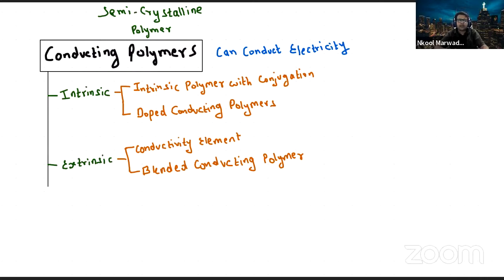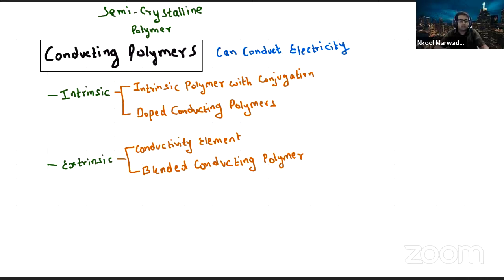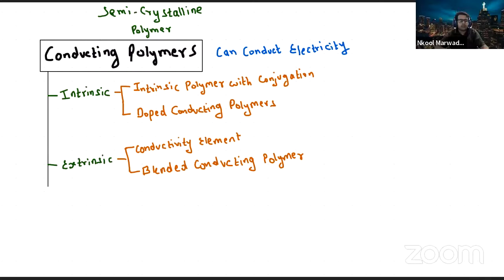Then doped conducting polymers we will discuss in detail. Then the extrinsic polymers we will discuss. Then we are done. So this is the last topic. We just have to discuss the examples and the nature of these intrinsic and extrinsic polymers in some detail.